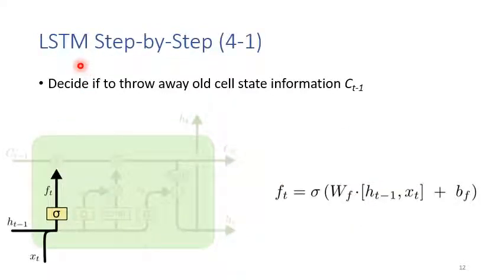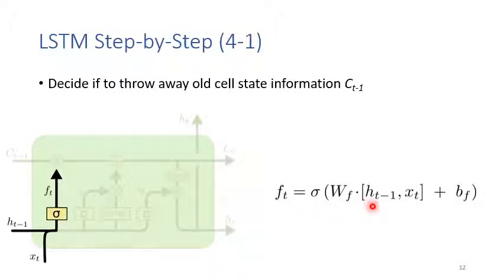This is how we design a control gate. The first step in LSTM is to decide if we throw away the old cell information C_{t-1}. We use a forget gate to control how much information of C_{t-1} we want to pass to the new cell state. Here is the formula for the forget gate.